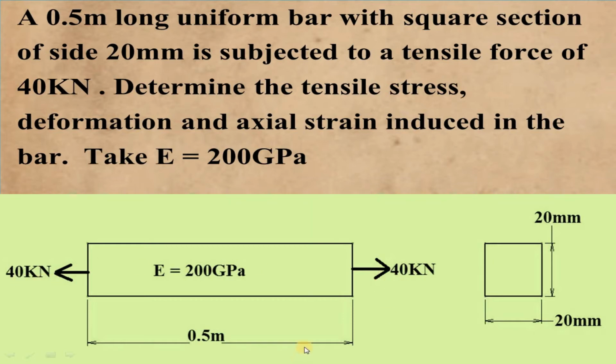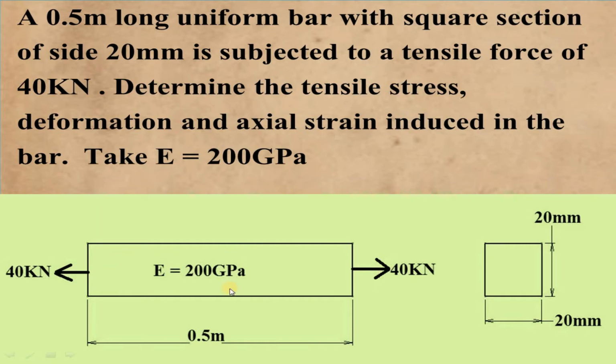Generally, when a tensile force is applied on a component, the component will undergo deformation. Tensile stresses will be developed inside the component. Axial strain will be induced in the component. Similarly here, due to this 40 kN tensile force, tensile stresses will be automatically developed inside the square bar.